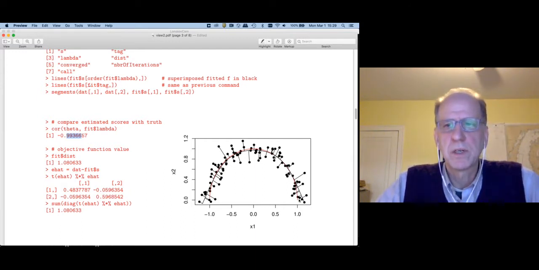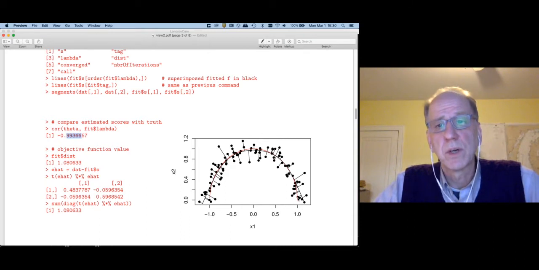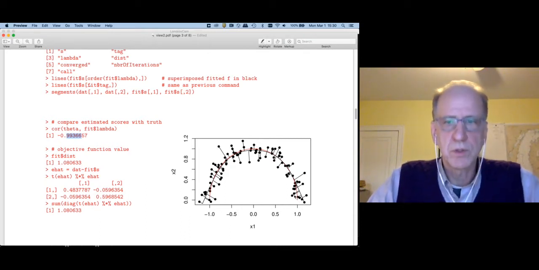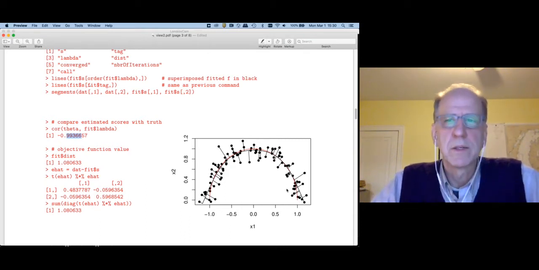So instead of starting here and parameterizing larger thetas going this direction, the software ended up choosing the origin, if you will, over here someplace and going to the right. So larger values of lambda happen when we go to the right. So the estimated curve is going clockwise, and of course the unit circle, the way we usually write it, goes counterclockwise, but that doesn't matter. They describe the same curve.